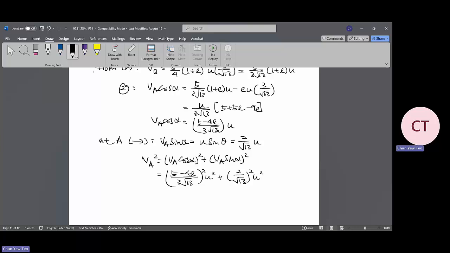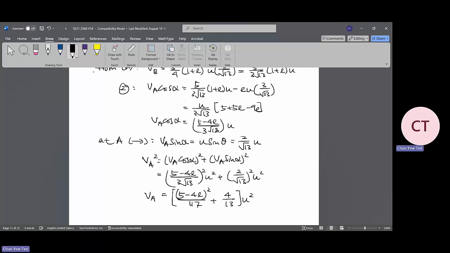So over here, I think I will just leave it like this at the moment. It becomes (5 minus 4E) squared divided by 117, plus (4 over 13) squared.